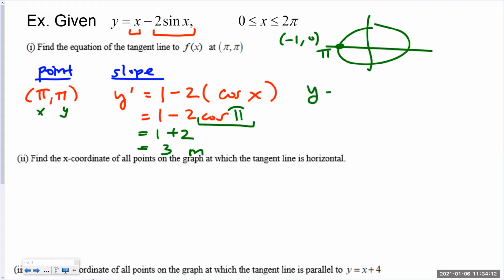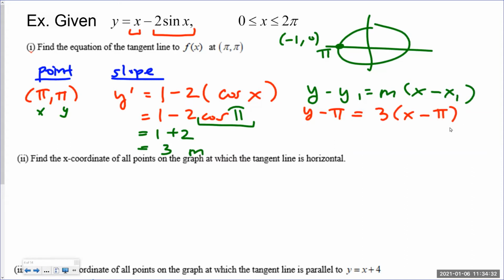So you put it into the point slope formula, which is y minus y1 is equal to the slope times x minus x1. You just plug it right into this formula. So my y is pi, my m or my slope is 3, and my x is pi. Okay, and that is a great answer, especially if it's free response.